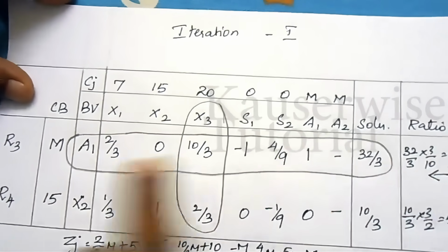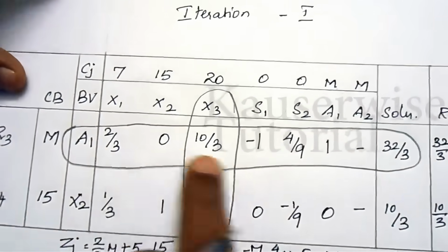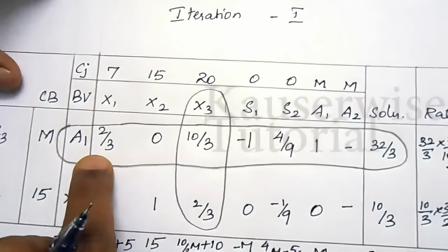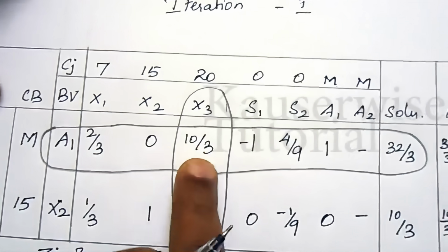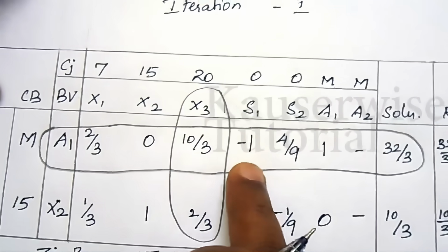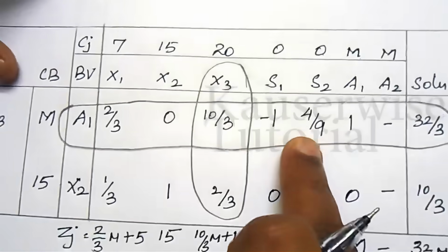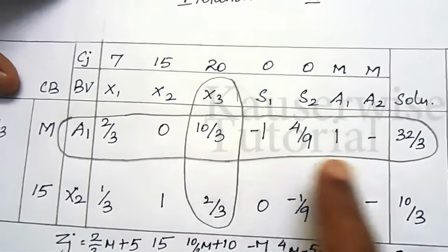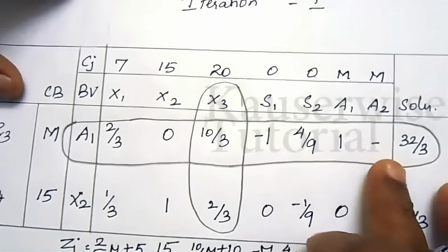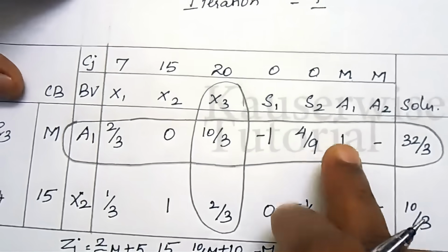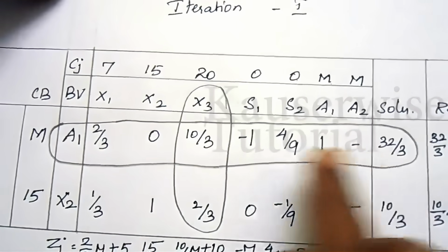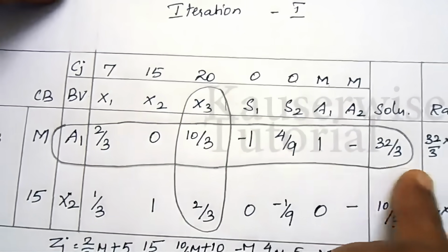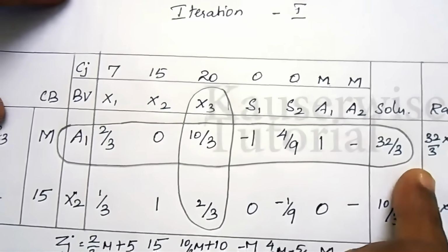For these values, take the old value divided by the key element: 2 by 3 divided by 10 by 3, 0 divided by 10 by 3, 10 by 3 divided by 10 by 3, minus 1 divided by 10 by 3, 4 by 9 divided by 10 by 3. For A1 you need not write anything, because A1 is the leaving variable. You can put a dash. For the solution, 32 by 3 divided by 10 by 3. So this is the procedure to find the row 5 values.